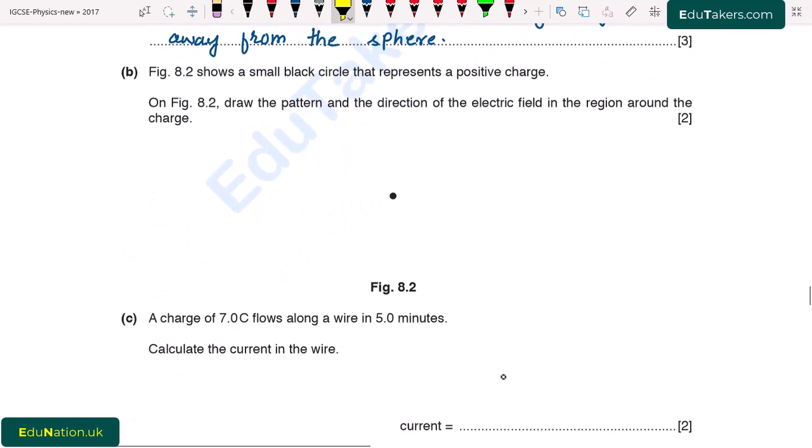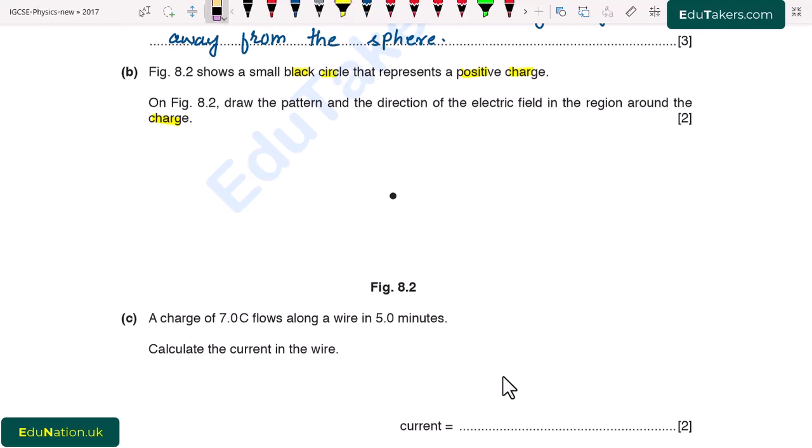So here is part B. Figure 8.2 shows a small black circle that represents a positive charge. So this circle is basically a positive charge. On figure 8.2, draw the pattern and the direction of the electric field in the region around the charge. So first of all, we can see here that it's a positive charge and the electric field lines emerge from the positive charge. So when I have to draw the pattern, I have to draw the lines and put arrows in the outward direction.